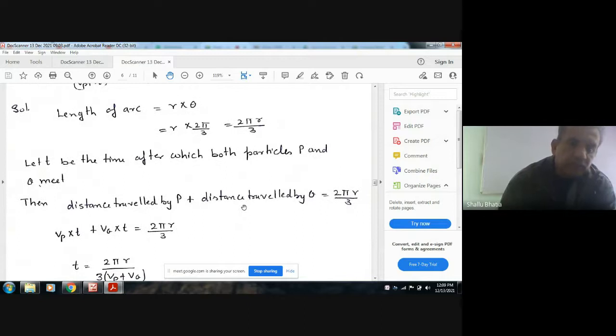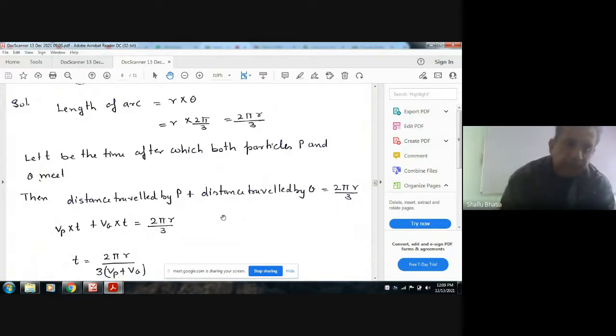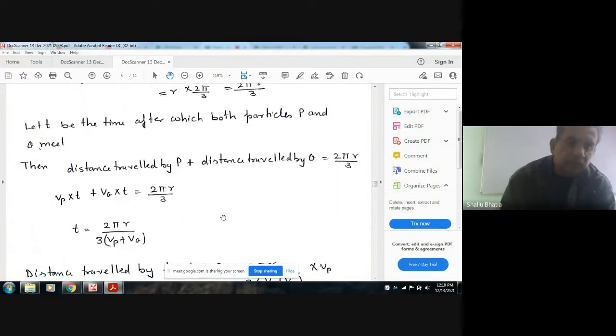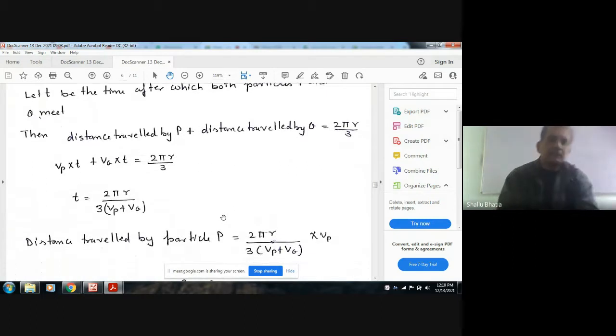Now the summation of the distances traveled by both the particles will be equal to the length of the arc. So the distance traveled by P and the distance traveled by Q together equal 2 pi r by 3. So Vp times t plus Vq times t is equal to 2 pi r by 3. So t is 2 pi r by 3 divided by (Vp plus Vq).